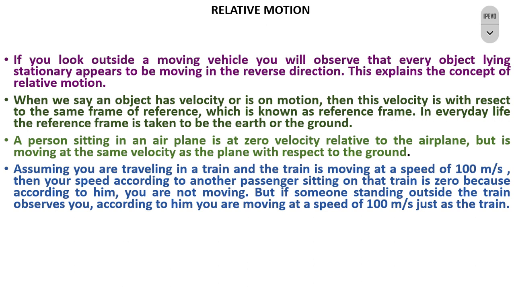But if somebody standing outside the train observes you, according to him, you are moving at the speed of 100 meters per second, just as the train. Now, an observer sees the train moving. That observer is stationary and sees you to be moving at the speed of 100 meters per second.